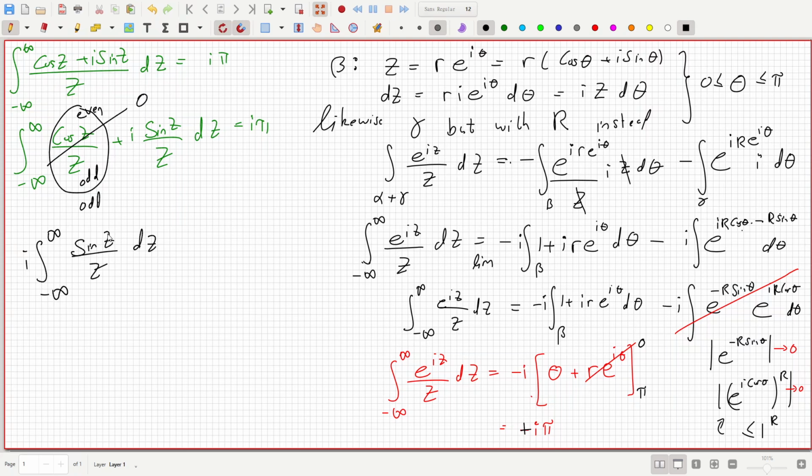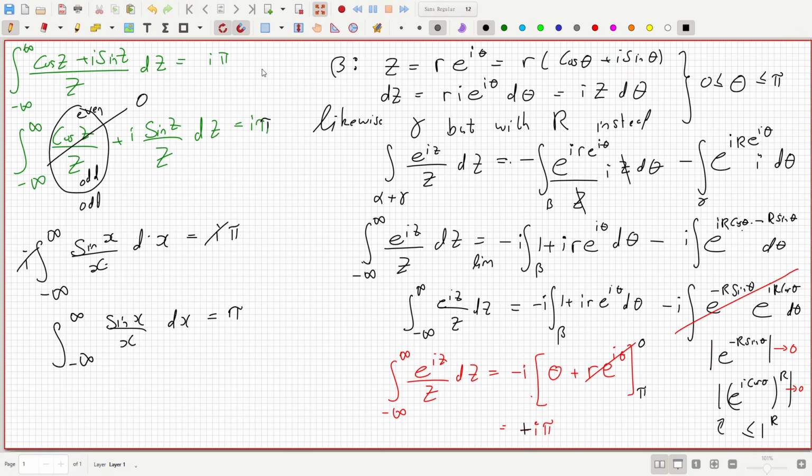But the z is really just a dummy variable, so I'll just change it to x since we're only on the real axis. So sine x over x dx, that's equal to i pi. The i's cancel, and we have our result. Minus infinity to infinity sine x over x dx is equal to pi.